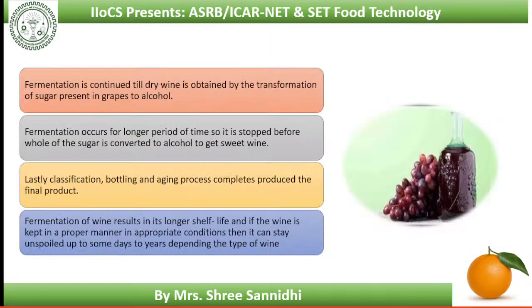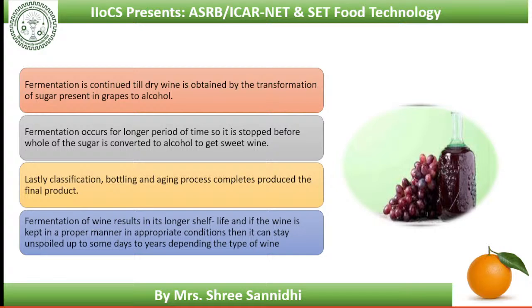Fermentation is continued till dry wine is obtained by the transformation of sugar present in grapes to alcohol. Fermentation is stopped before the whole of the sugar is converted to alcohol to get sweet wine. So if you want sweeter wine, you have to stop the fermentation in between in order to save some sugar in the wine.